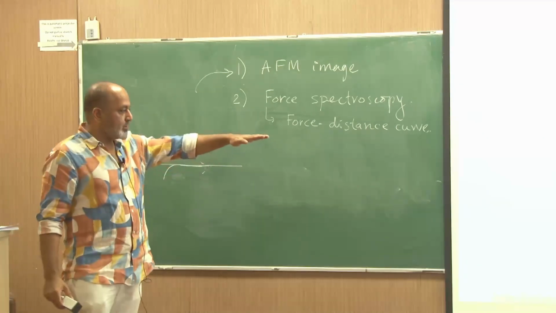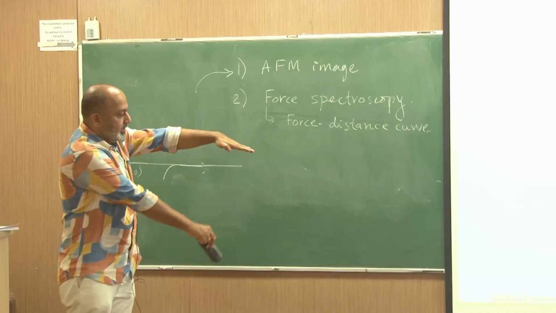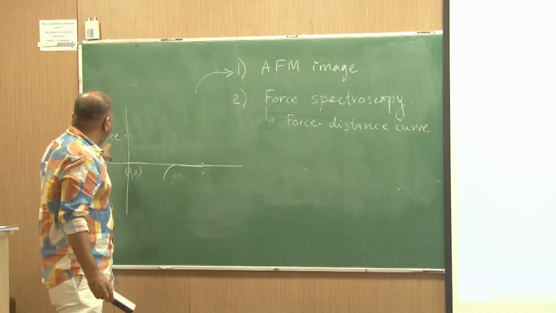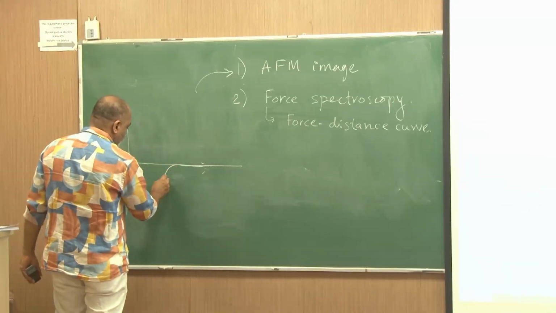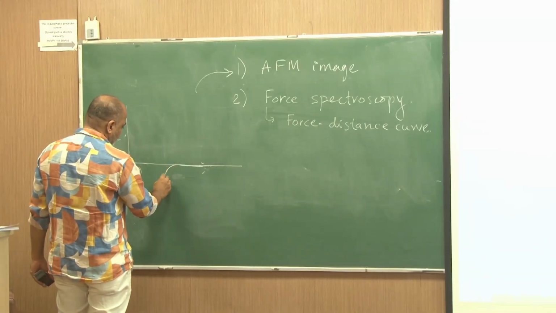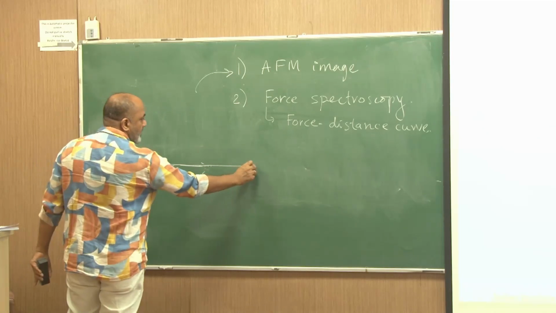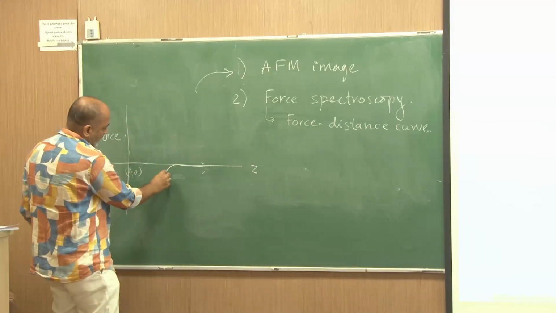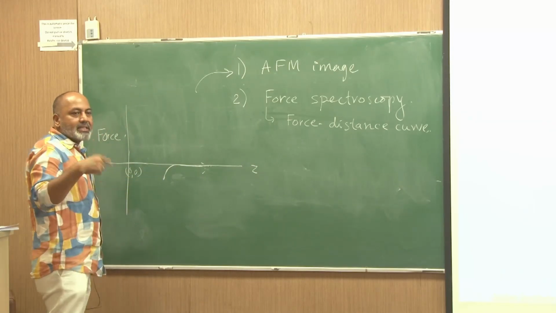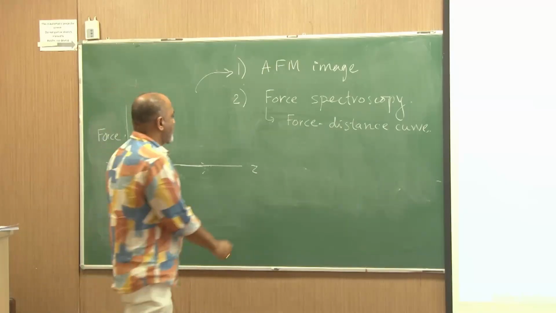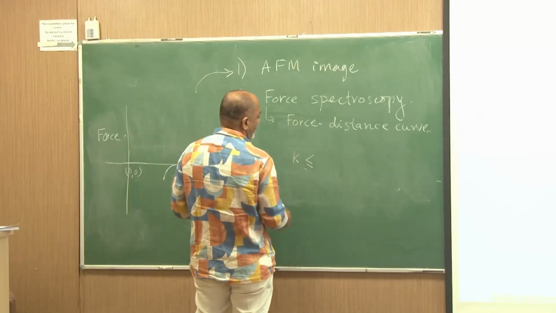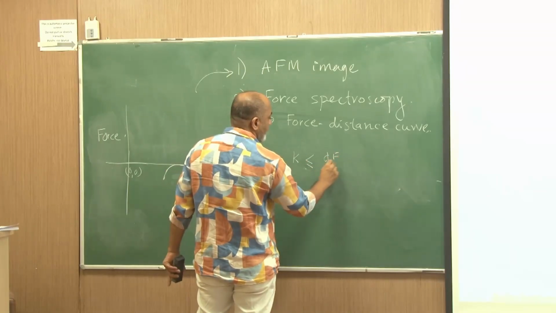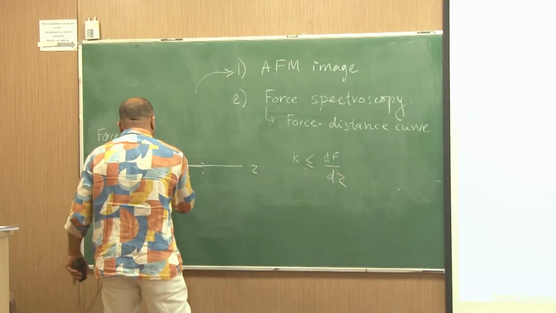This is how a typical force curve looks. It will be like that. As you bring the surface, it will bend down. That is the negative force, because it is an attractive force, coming down. From the point where the slope of this force versus distance z, when that exceeds the cantilever's force constant, k becomes smaller than or equal to df by dz, which is the slope at this point.